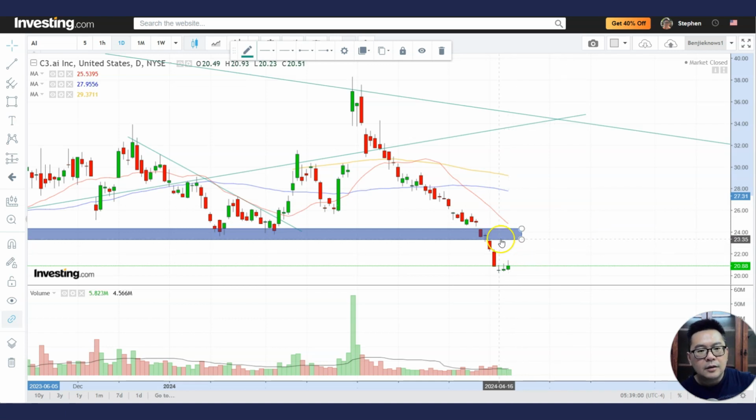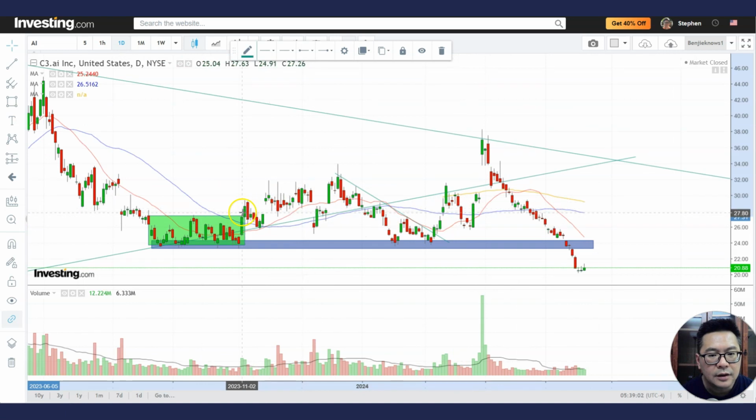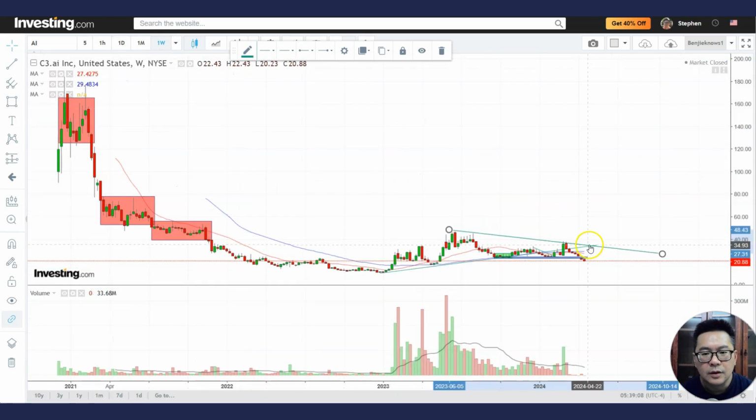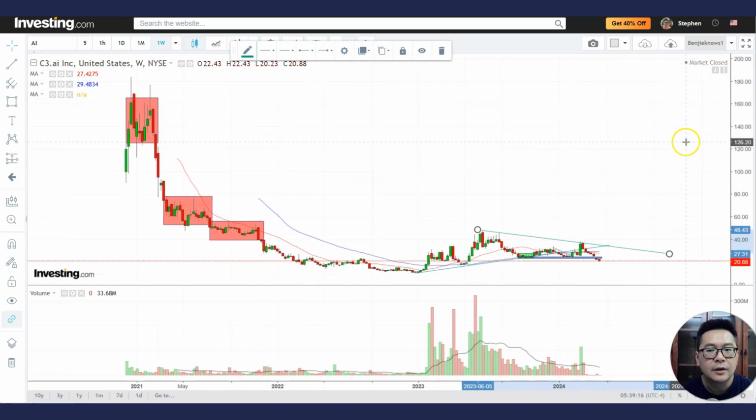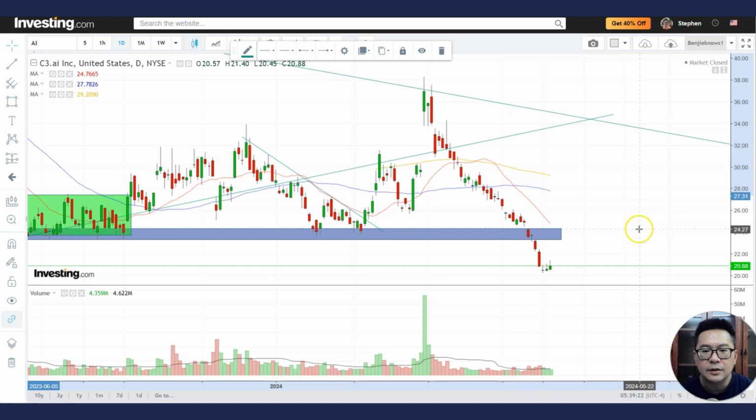For trading, there are opportunities like here and here, but for investing, it's not in a very nice weekly uptrend yet. So you might want to see it trade above this downtrend line before you can start a really nice new uptrend to meet the resistance here and here. So this stock you might want to trade rather than invest at this moment.